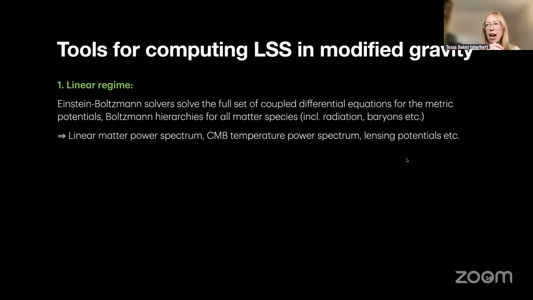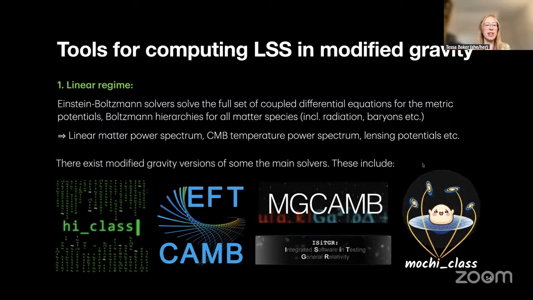Einstein-Boltzmann solvers have existed for quite some time in general relativity, but I wanted to advertise, in case it's useful for some of you in your research, that there are sets of these Einstein-Boltzmann solvers that have been adapted to work in modified gravity theories. In particular, there is a code called hi_class, which stands for Horndeski in CLASS. So that is the kind of tool that was being postulated on Slack. It will do all this perturbation theory in the language of the Horndeski functions we've been talking about.